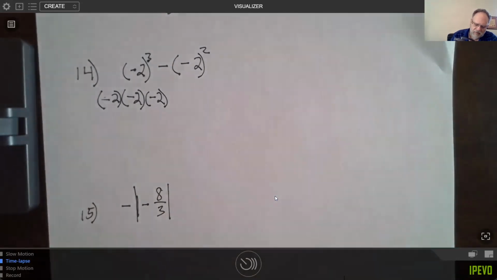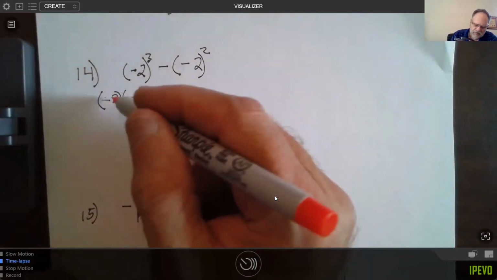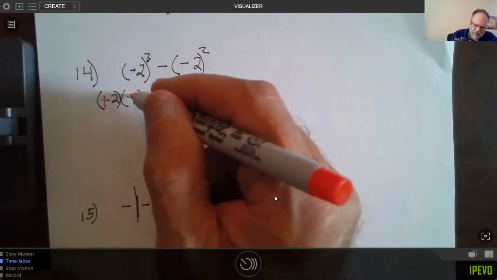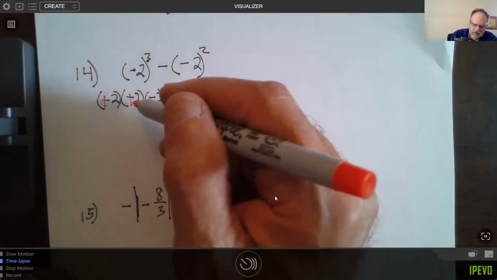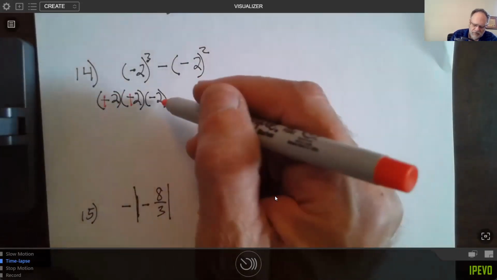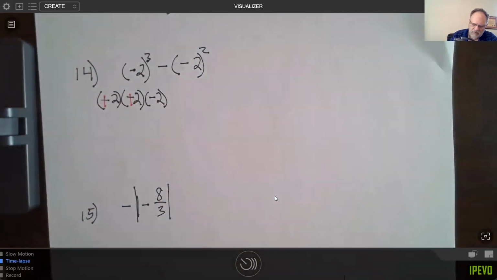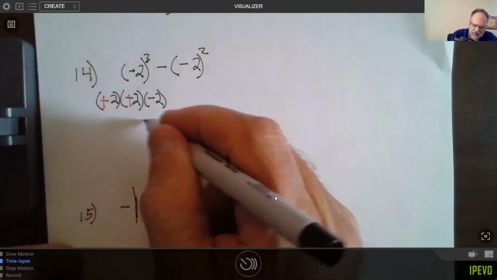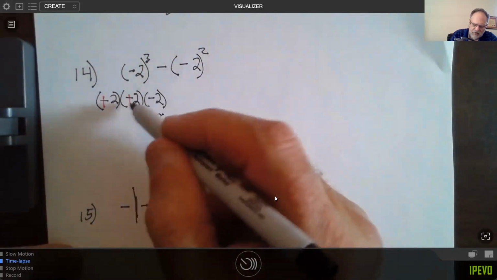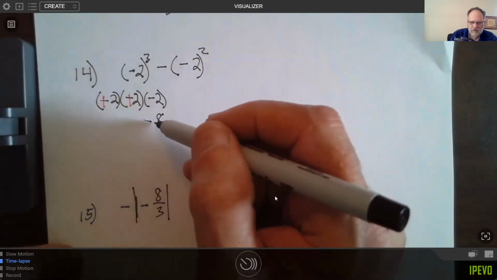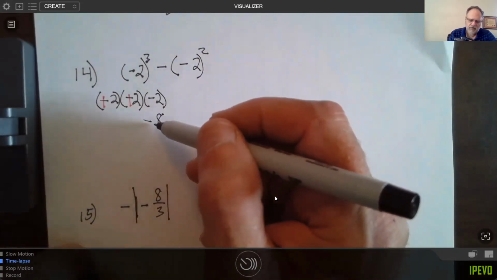Negative times negative is a positive, so 2 times 2 is 4. And then 4 times a negative 2 is a negative 8. So you've got an odd number of negatives, so what you're going to end up with is always negative.